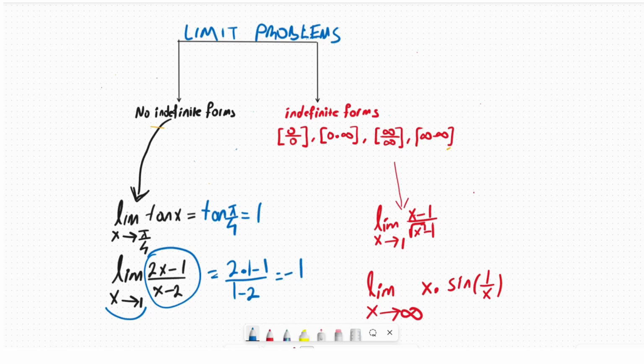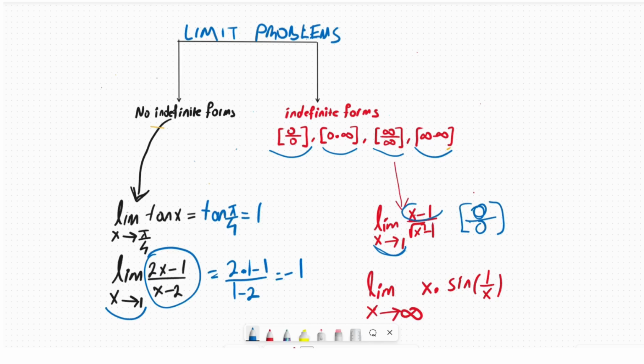And the second class is the class of limits having indefinite forms. There are four main classical indefinite forms: 0 over 0, 0 times infinite, infinite over infinite, and infinite minus infinite. For example, limit as x goes to 1, we cannot compute the limit value directly, since when we substitute x equal to 1, we are going to obtain 0 over 0 indeterminate form.